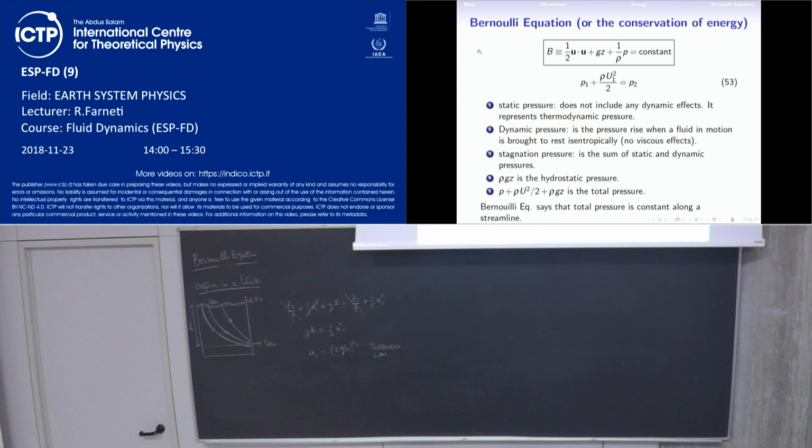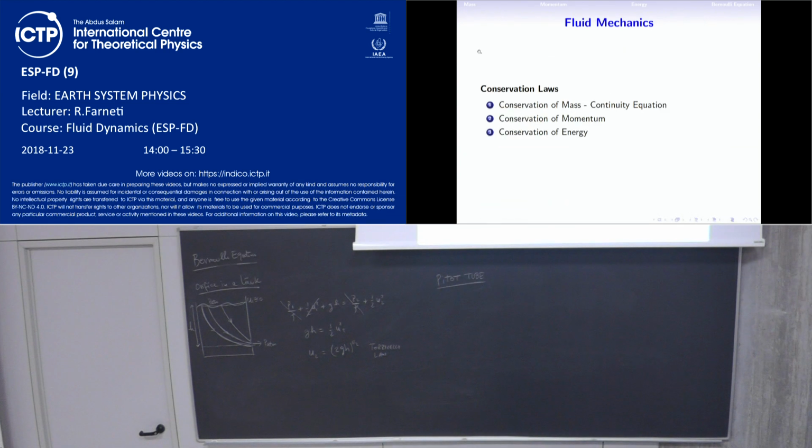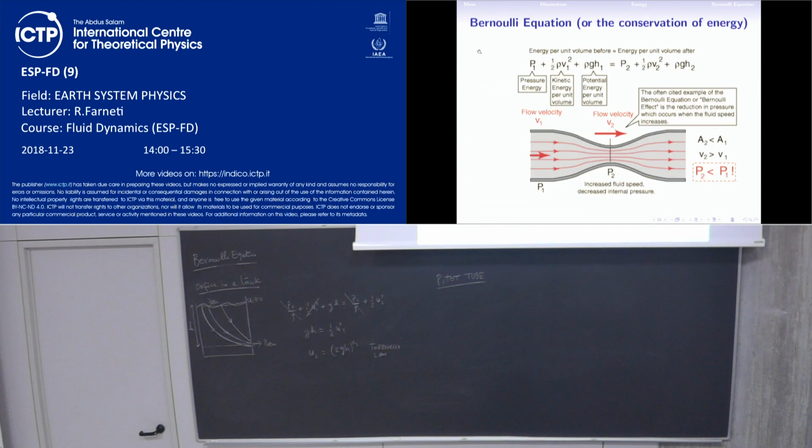A more fun example is what is called the Pitot tube. It dates to Mr. Pitot, actually. I don't have a picture, well, I'll find the picture. Pitot was a mathematician, and he wanted to measure the speed of the river Seine in Paris.